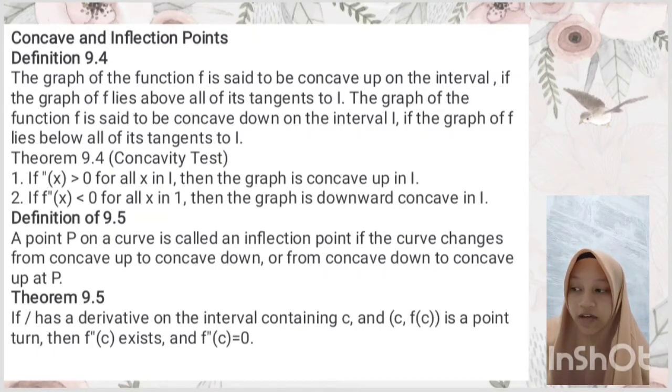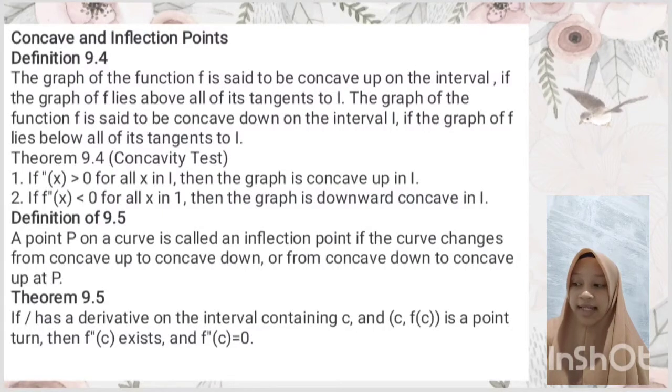2. If f''(x) is smaller than 0 for all x in I, then the graph is concave down in I. Definition 9.5. Point P on a curve is called an inflection point if the curve changes from concave up to concave down, or from concave down to concave up at P. Theorem 9.5.